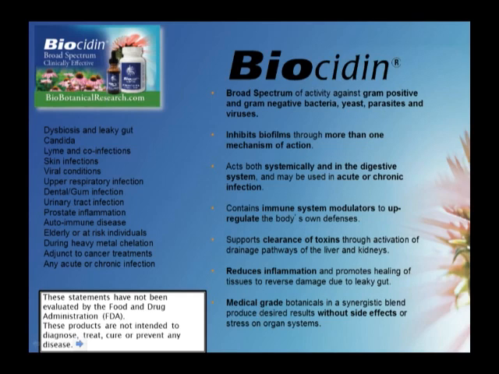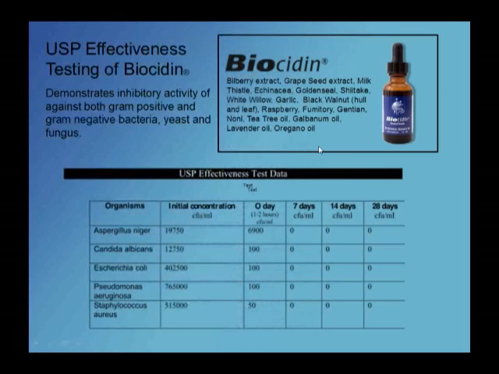Biocidin from Biobotanical comes in a liquid and capsules, and this is a nice addition to a GI detox program. Biocidin essentially is a blend of different herbal remedies known to have an effectiveness against a wide variety of different pathogens. And you don't have to use a lot of it; it's very concentrated.